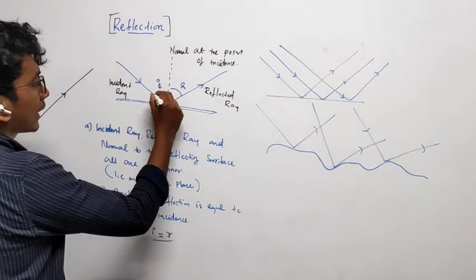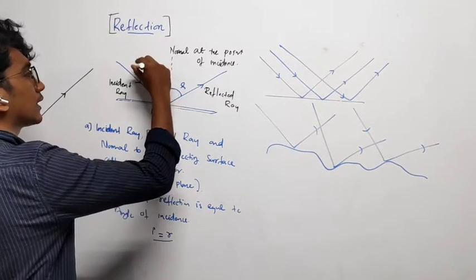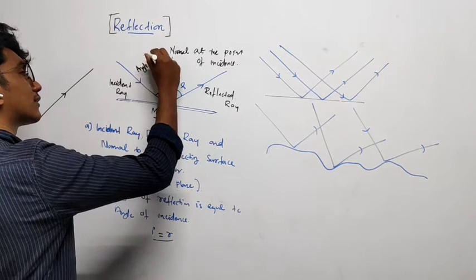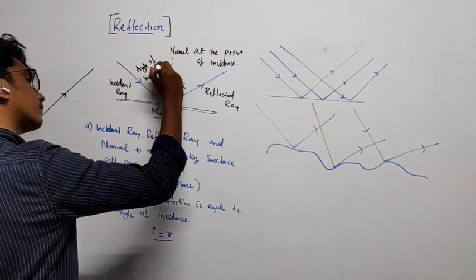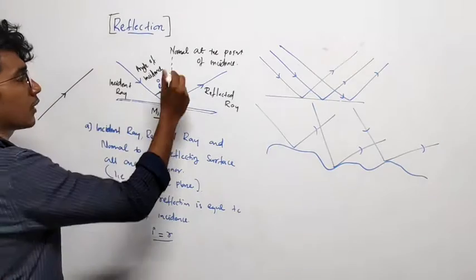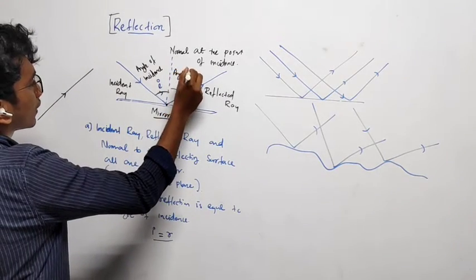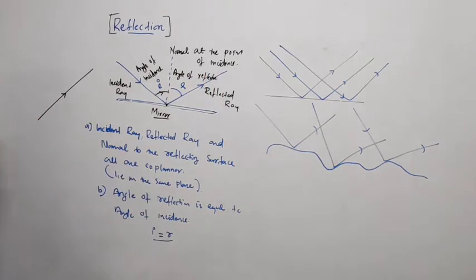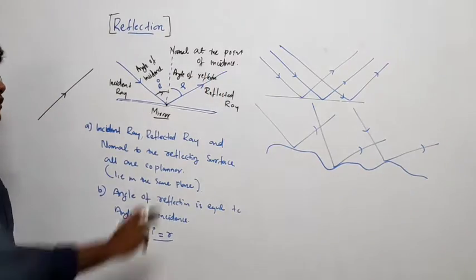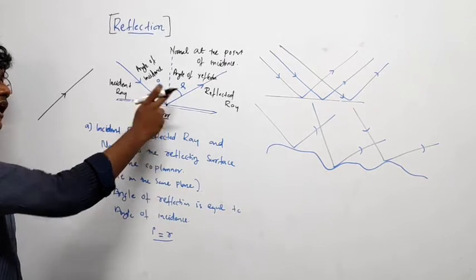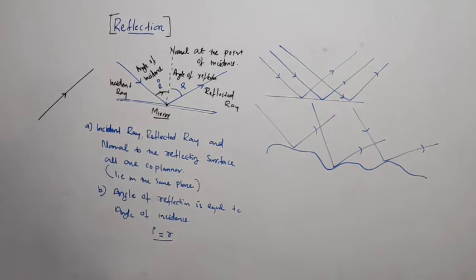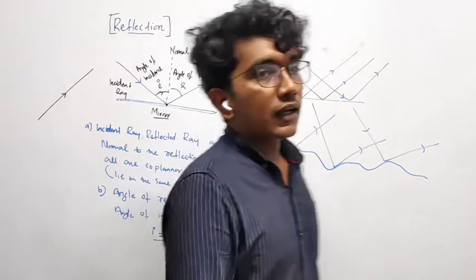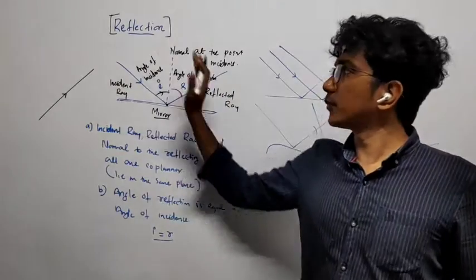And this angle I is known as the angle of incidence. And R is known as the angle of reflection. So I is the angle of incidence, R is the angle of reflection, and this is a mirror. Everything is pretty clear. This is the process, the diagram of reflection.